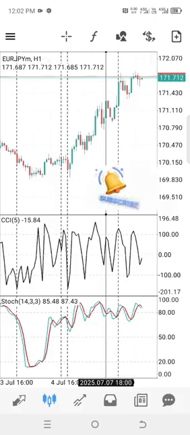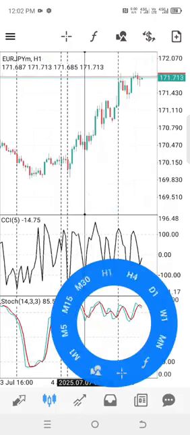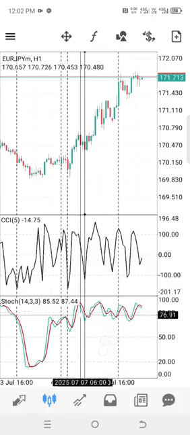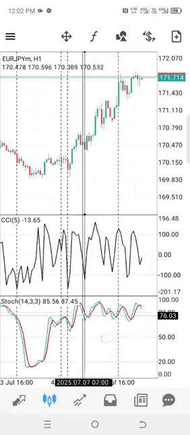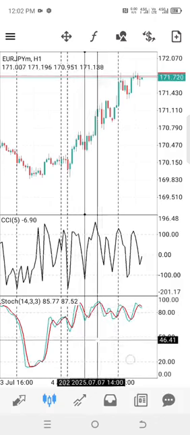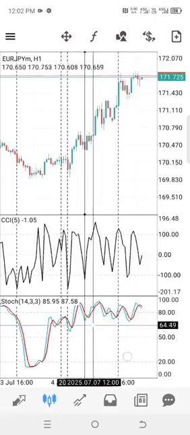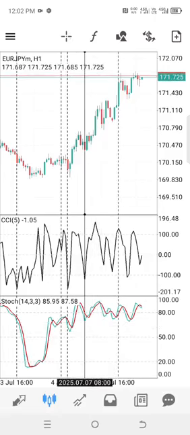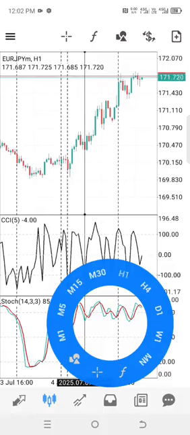The first step I need to take is to look out for the point where I've got the stochastic oscillator above level 50. Okay, above level 50.